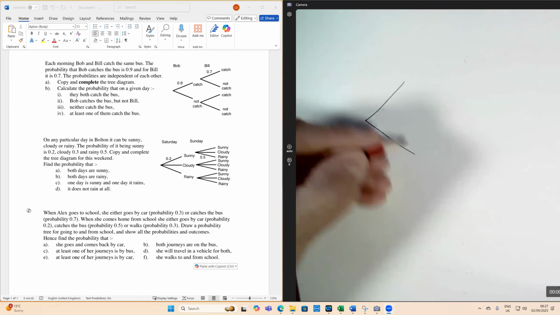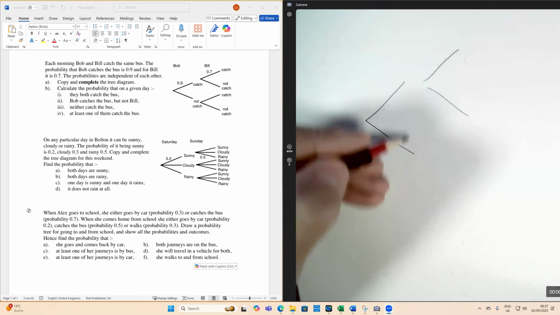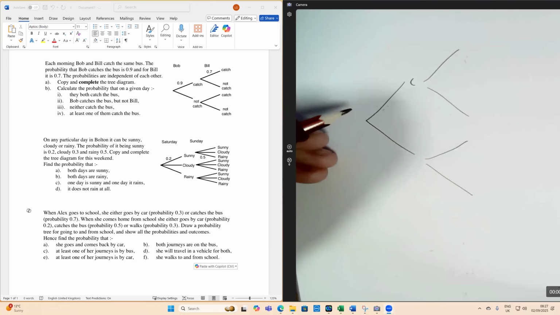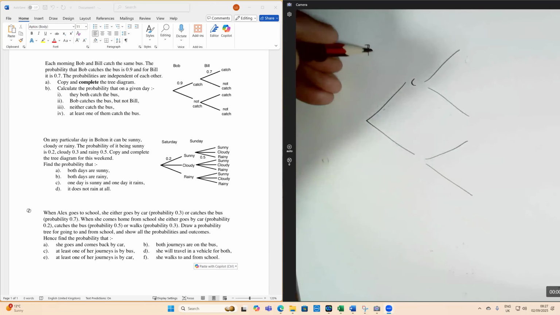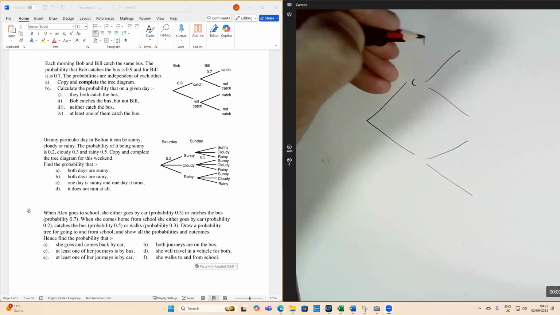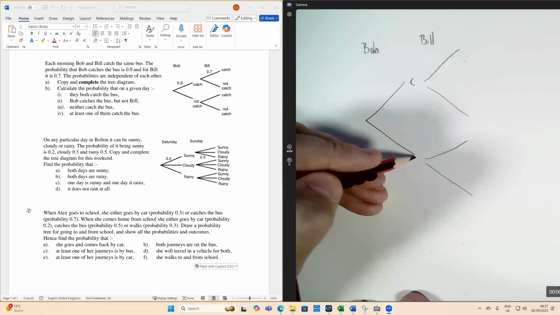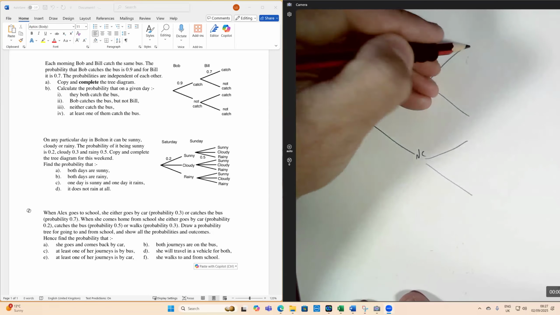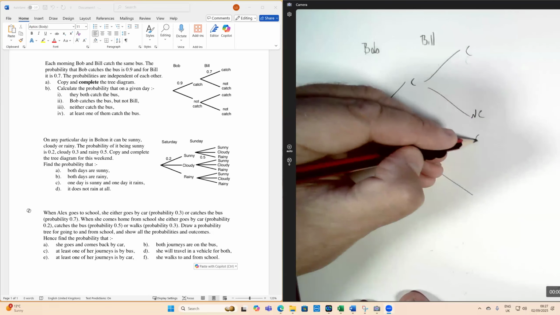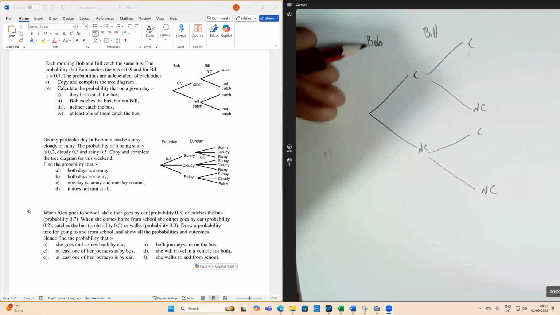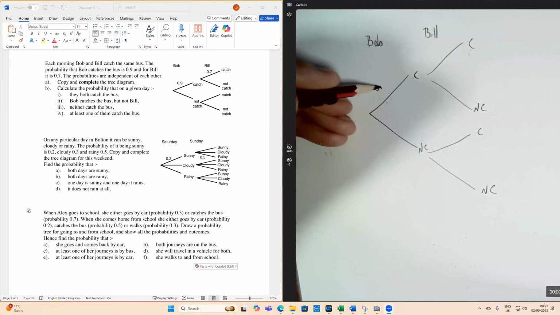So the first thing that we need to notice about a tree diagram is that in each branch, the probabilities need to add up to 1. So here is Bob, here is Bill, and we have catch, and I'll put NC for not catch. So catch and not catch, catch and not catch. Now, the probability that Bob catches the bus is 0.9.